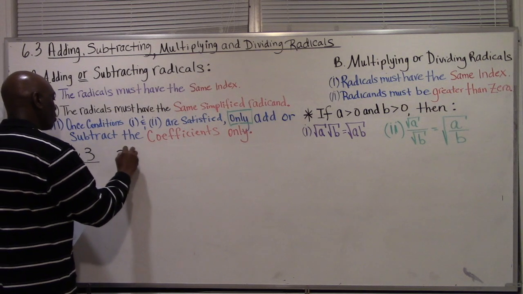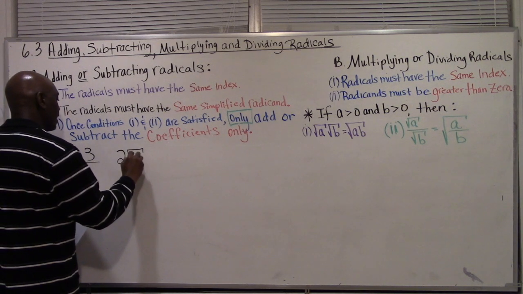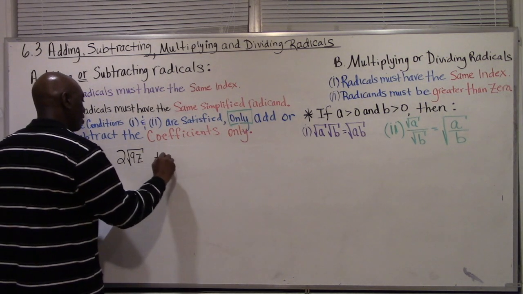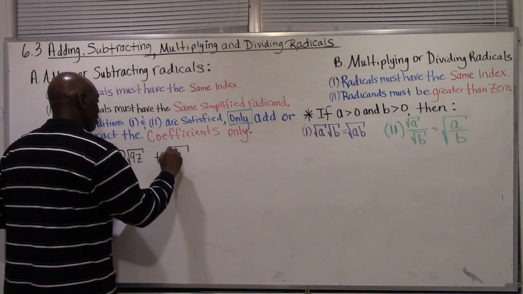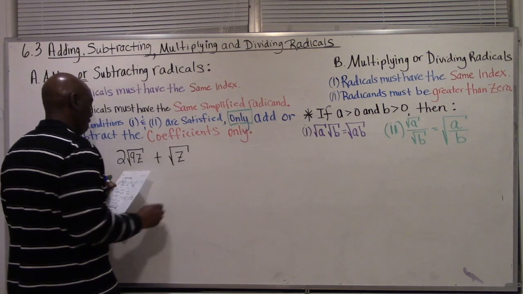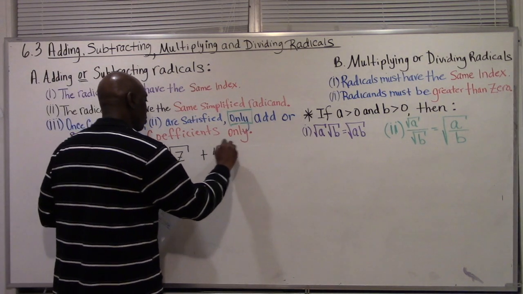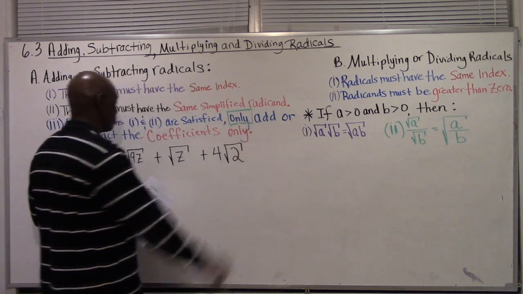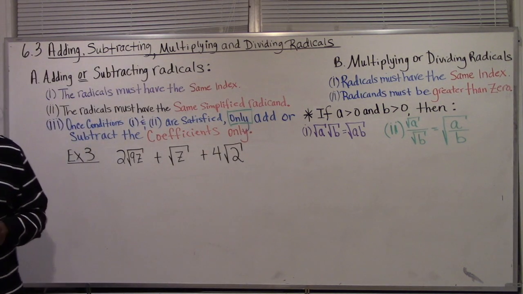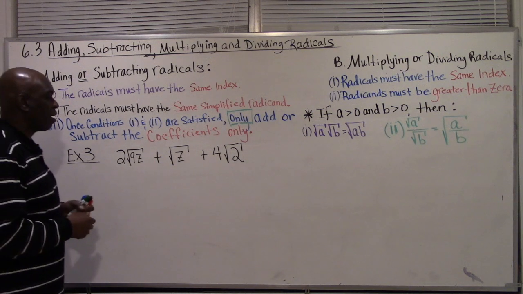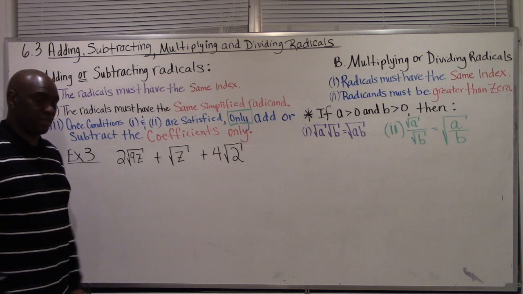2 square root of 9z plus the square root of z plus 4 square root of 2. All right, so what do we do in this case?